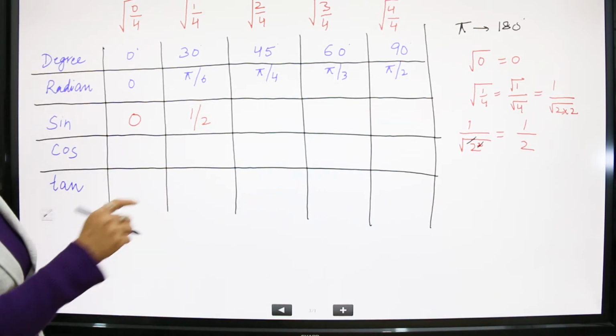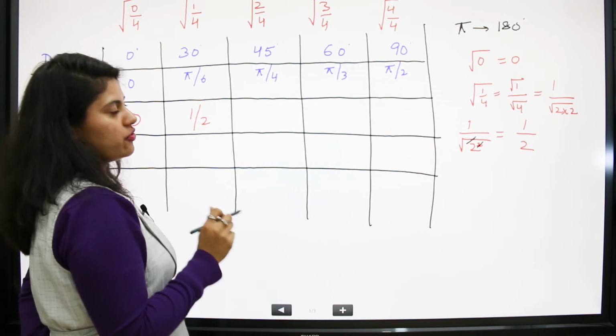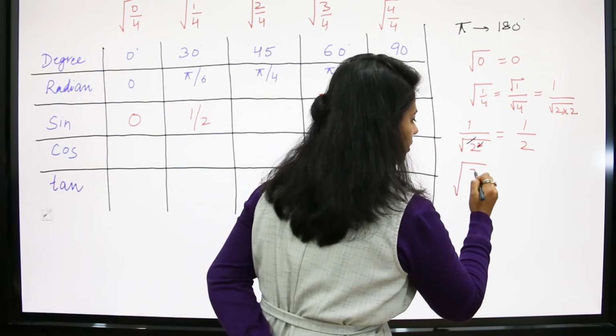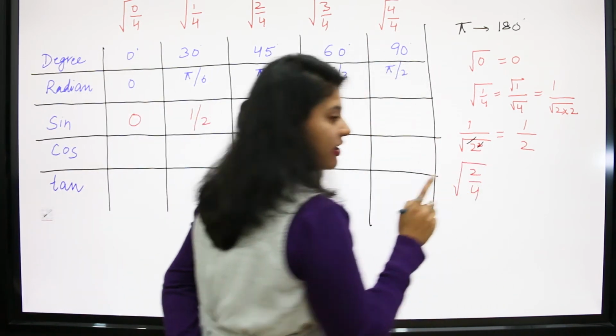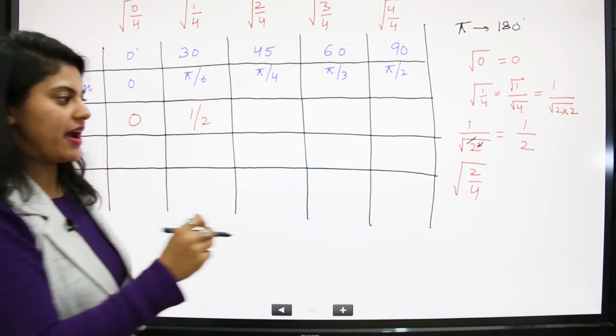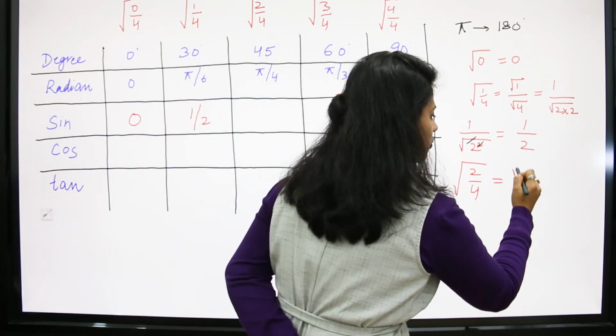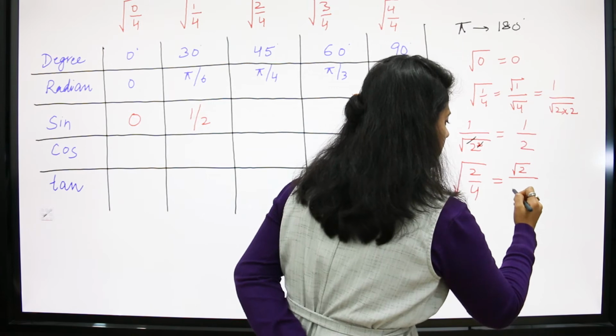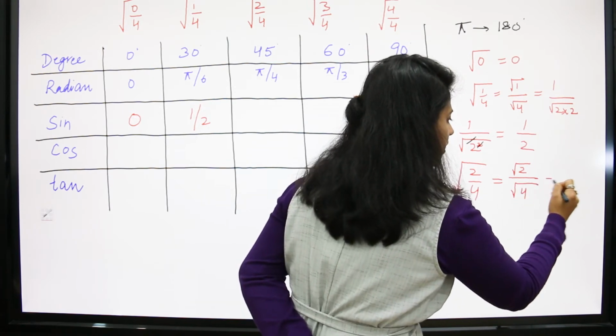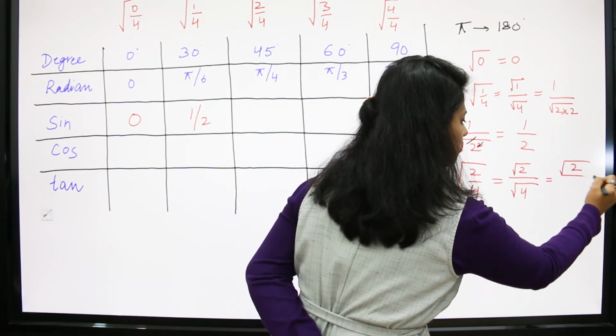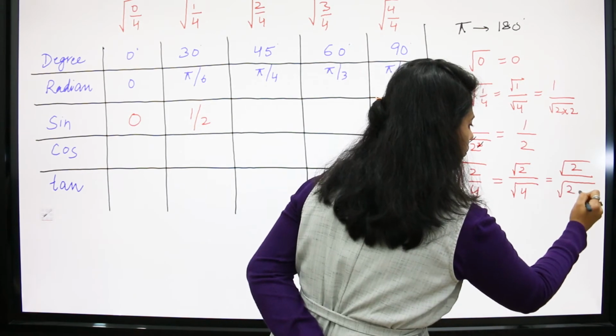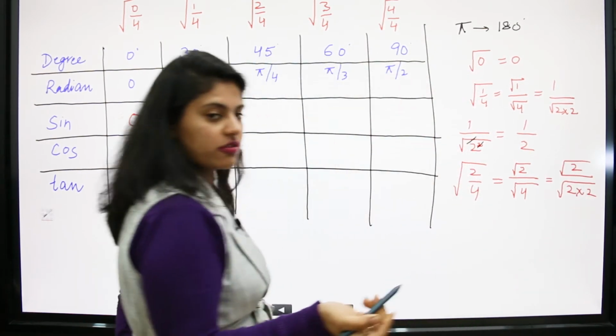Okay. Now 45 degree, square root of 2 divided by 4. Can I write this square root of 2 divided by 4 as square root of 2 divided by square root of 4, which can be written as square root of 2 divided by square root of 2 times 2, which is also 4?